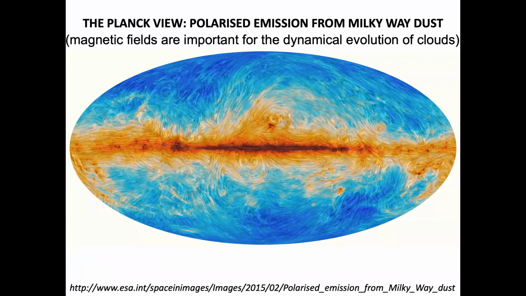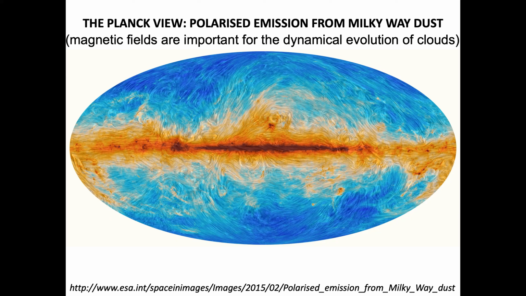My last slide for the little introduction: we need to remember that molecular clouds, and of course also the atomic phase, but our whole galaxy is basically magnetized. So we can't forget about magnetic fields.